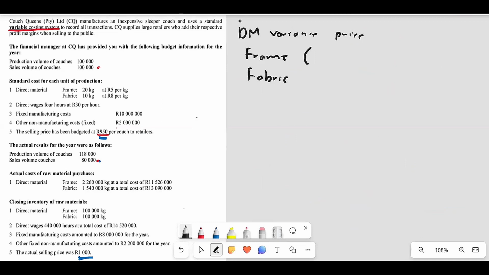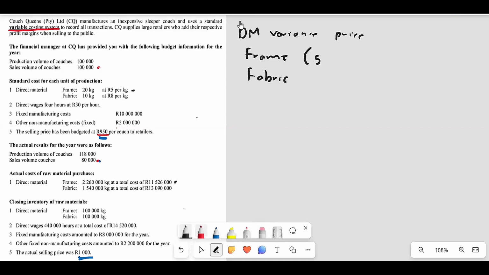So we take the budgeted price, which is 5, we minus the actual. The 5, we got it from here. Now the actual, they gave us the total cost. Let's get the total budgeted cost.